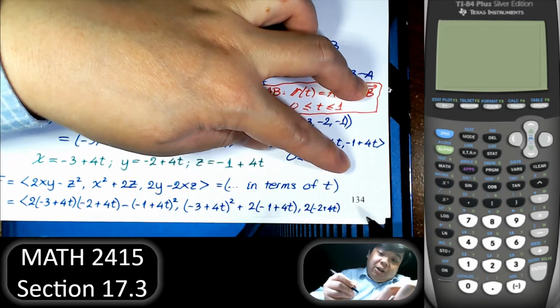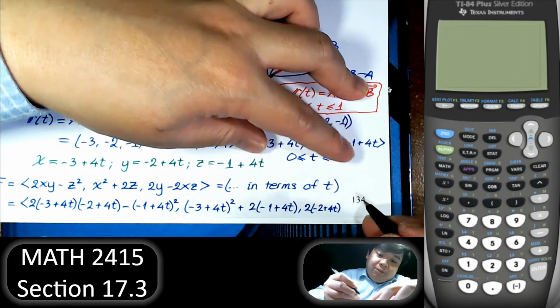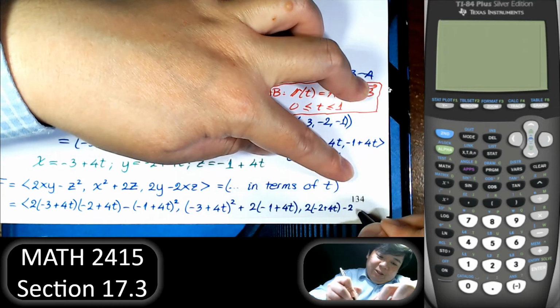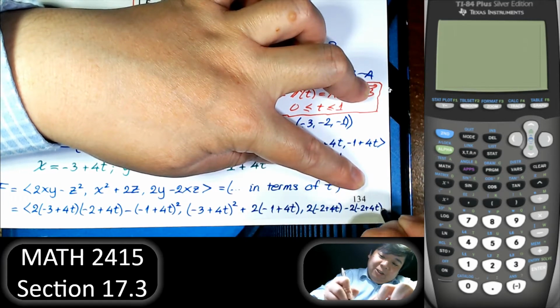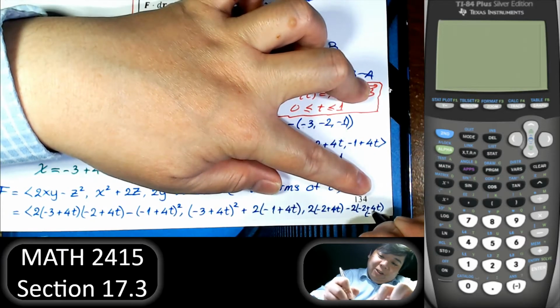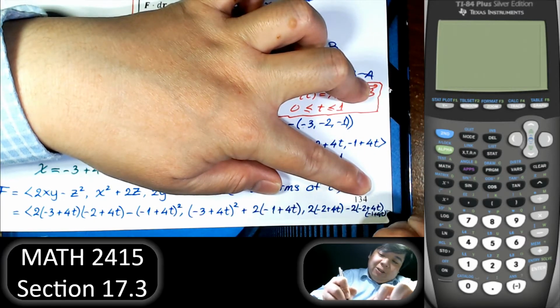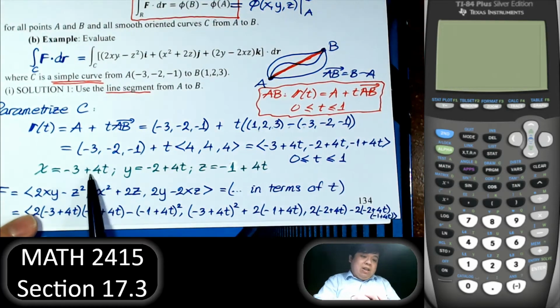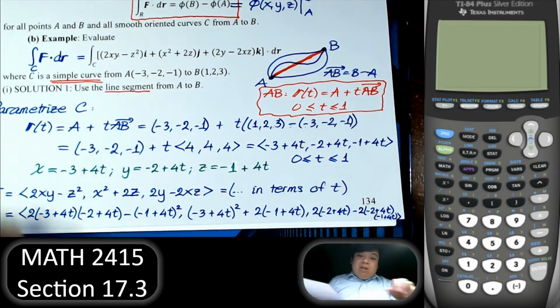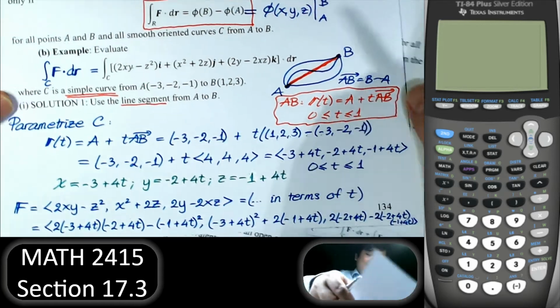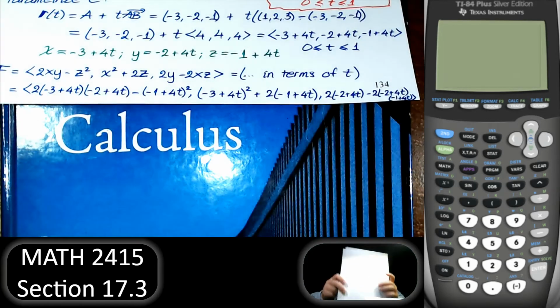Oh, it can even fit on one line. Great. Yeah, we just substitute all of that x, y, z into that equation. So, it seems very long. I'm not going to bother to simplify that.